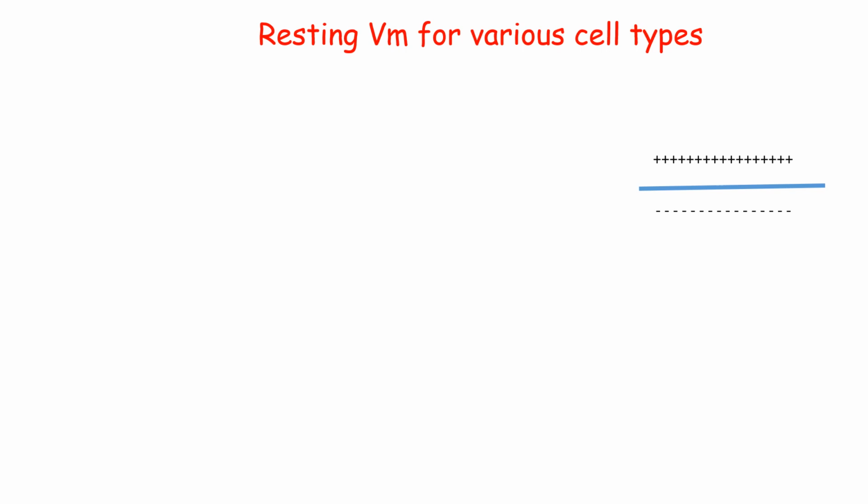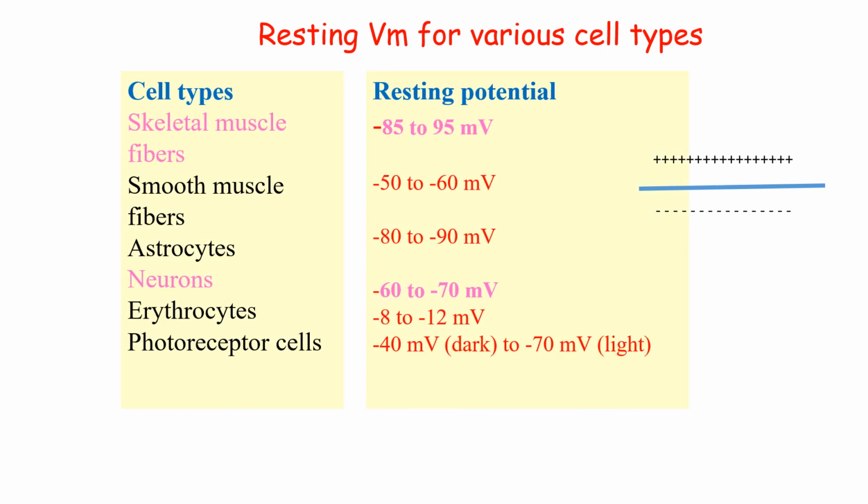So we have different resting membrane potentials for different cell types. For the skeletal muscle, it ranges from -85 to -95 millivolt. For the neuron, it is -60 to -70 millivolt. For the erythrocyte, it is -8 to -12 millivolt. This slide emphasizes that each cell has a different resting membrane potential according to its physiological role.